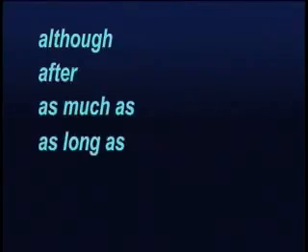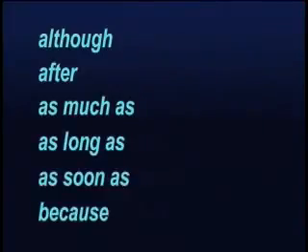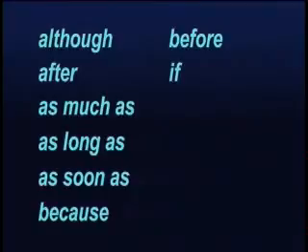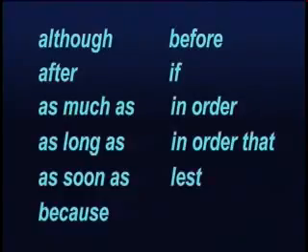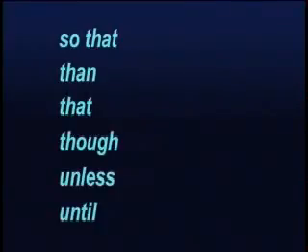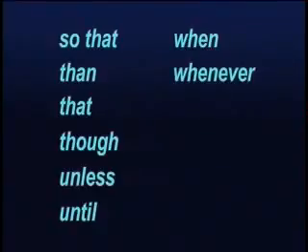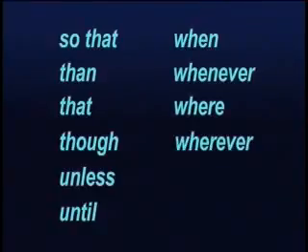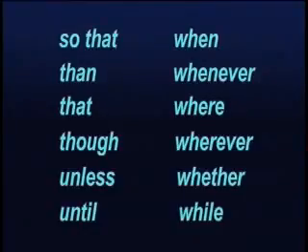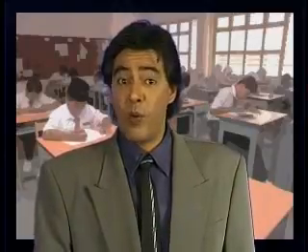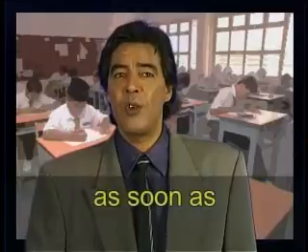Although, after, as much as, as long as, as soon as, because, before, if, in order that, lest, since, so that, than, that, though, unless, until, when, whenever, where, wherever, whether, while. You'll notice that some of them are made up of 2 or more words, such as "as soon as".